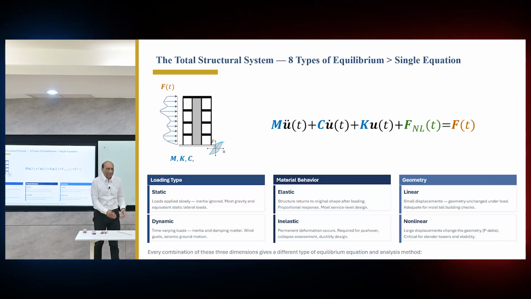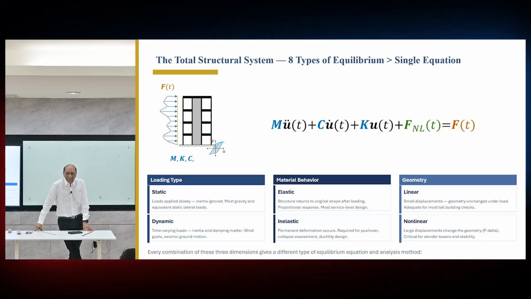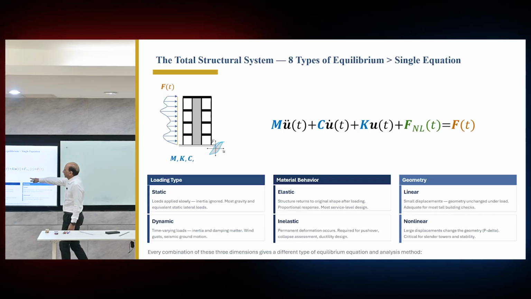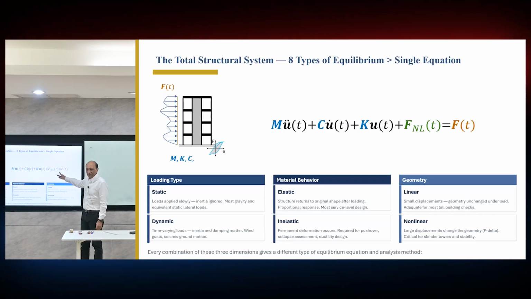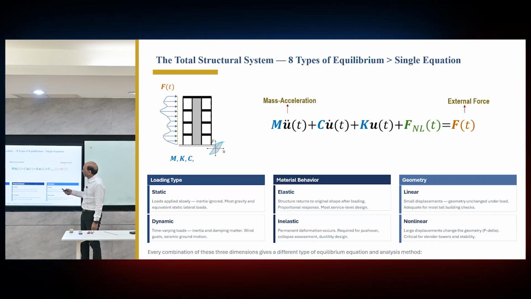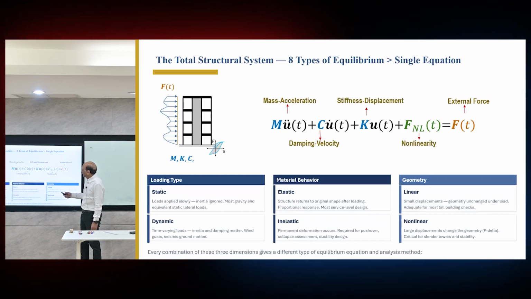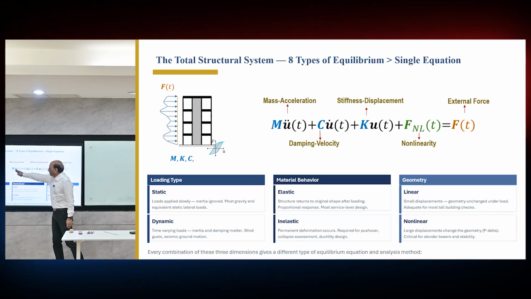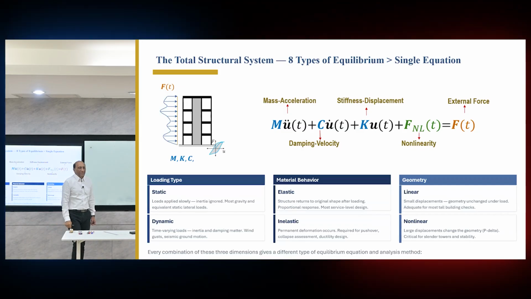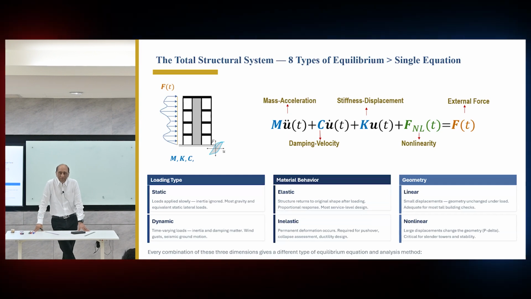So that means the spring is more complicated than that simple spring. And luckily, we already have an equation for that also. Last time we talked about that. So we have the equation with external force, mass times acceleration, damping times velocity, stiffness times displacement, and nonlinearity. And we put the capital M, which is the sum of all of the masses in the structure.